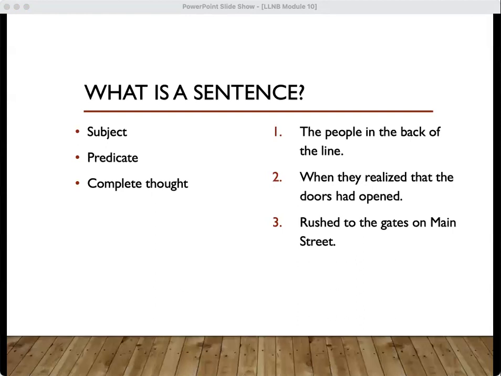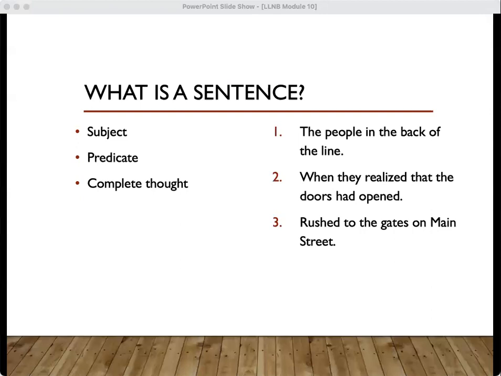"When they realized that the doors had opened." What is it missing? This fragment has a subject, they, and a predicate, realized that the doors had opened. But it's not a complete thought.